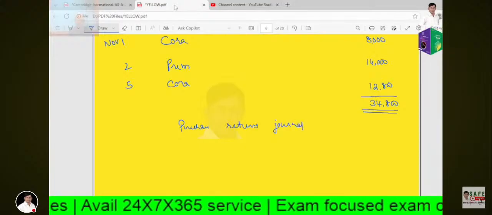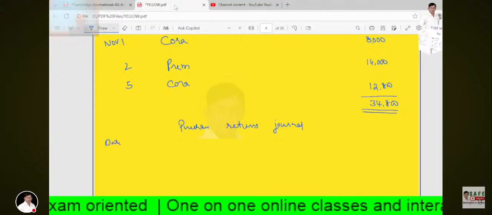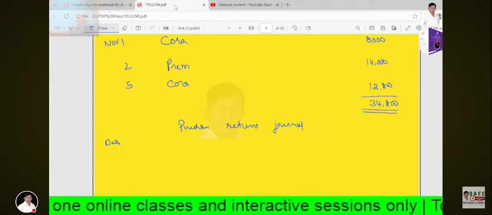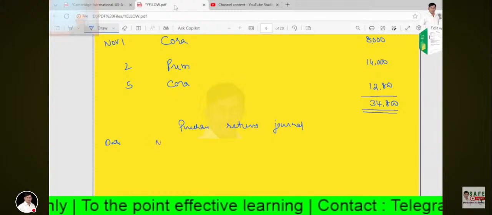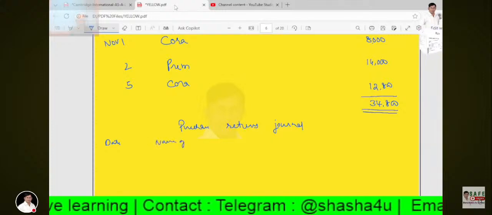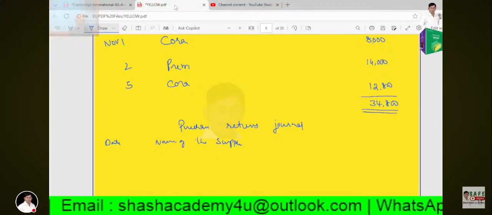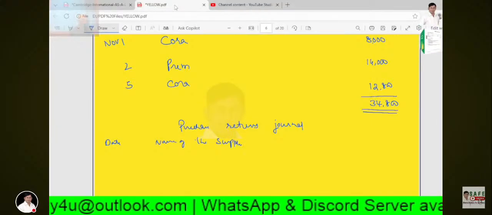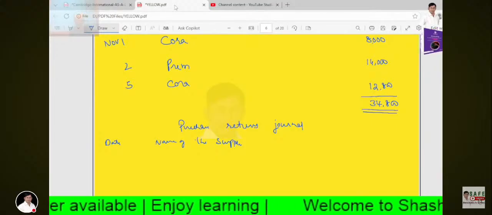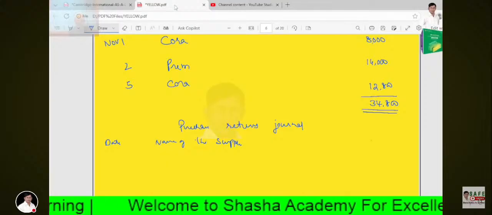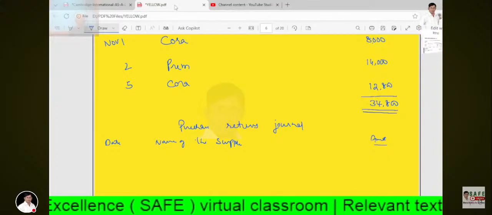We have to write the date, and the name of the supplier. So what date?